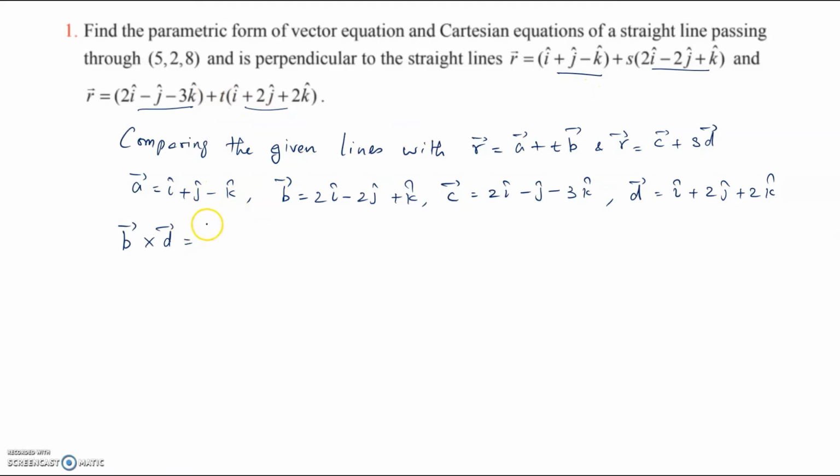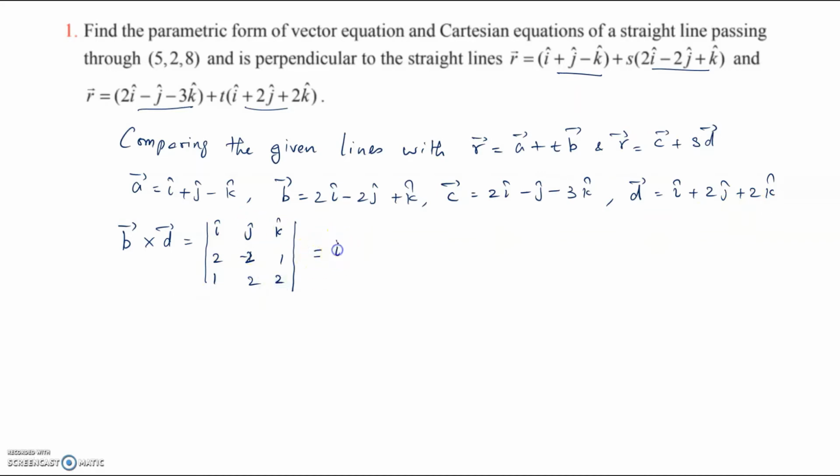So this is given by the determinant of i cap, j cap, k cap, and our b1, b2, b3 will be 2, −2 and 1, and our D vector coefficients of i cap, j cap and k cap will be 1, 2 and 2.